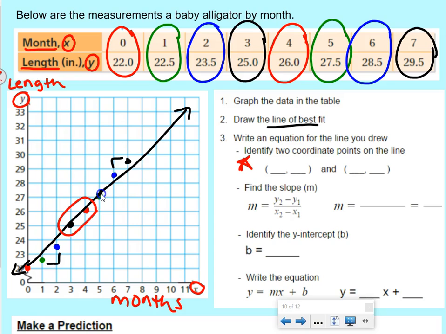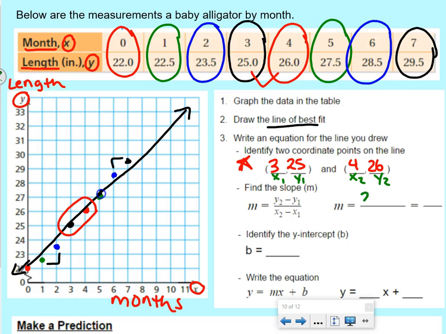We can either get the information from our graph or from our table. I'm just going to look at the table. It's my black point and my red point, so I know it's (3, 25) and (4, 26). Now I want to find the slope. I'm going to label my points x1, y1, x2, y2.